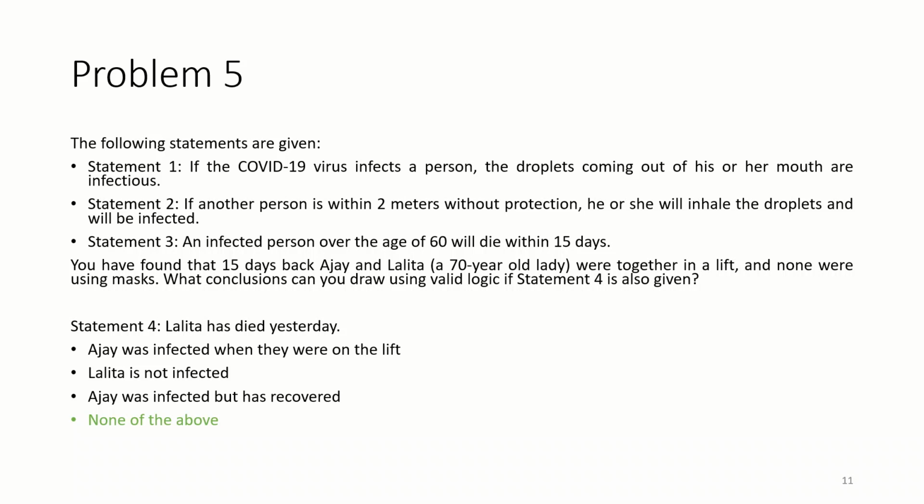A is Ajay was infected, B is Lalita has died. In modus tollens, if B is not there, then A is not there. We cannot say that if B is there, then A is there. The thing we discussed in the first problem: the conclusion can't go backwards. The other way is not possible in deductive logic.